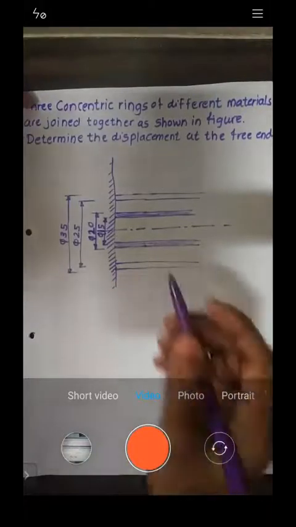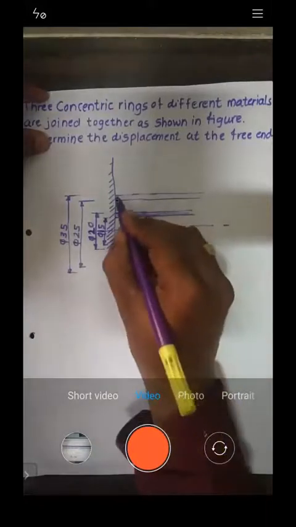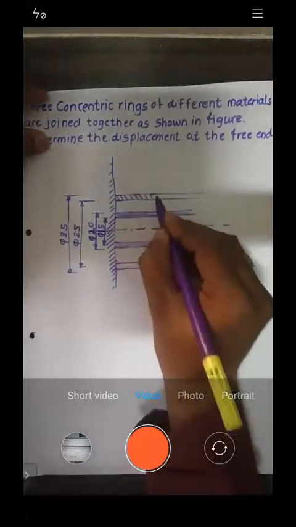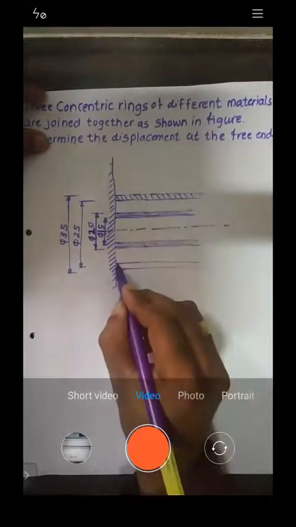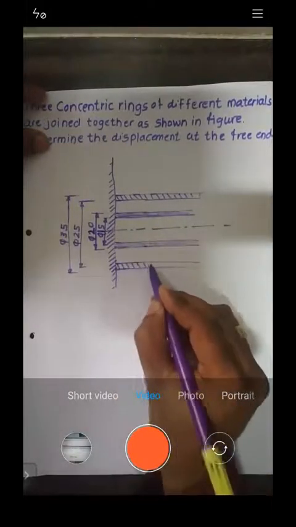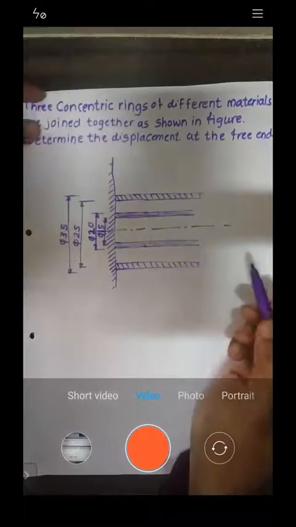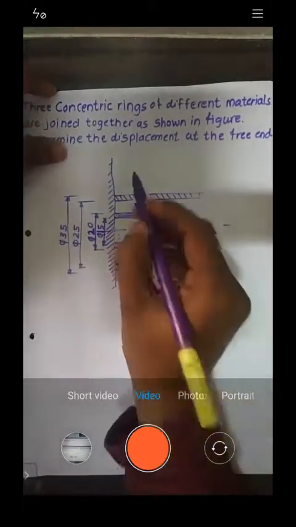Okay. Next, they have given one more. This is the second ring. See, I can directly display the problem, but from that you are not able to understand. Next, I will have one more ring.